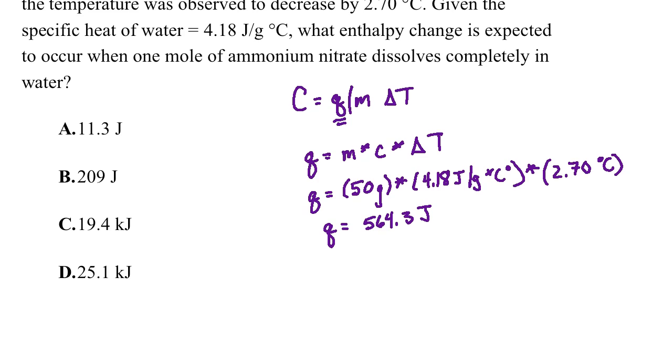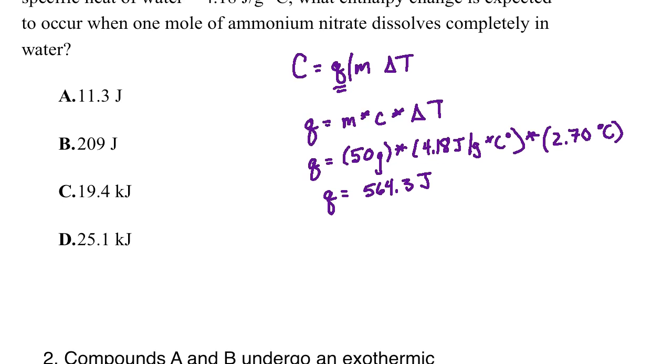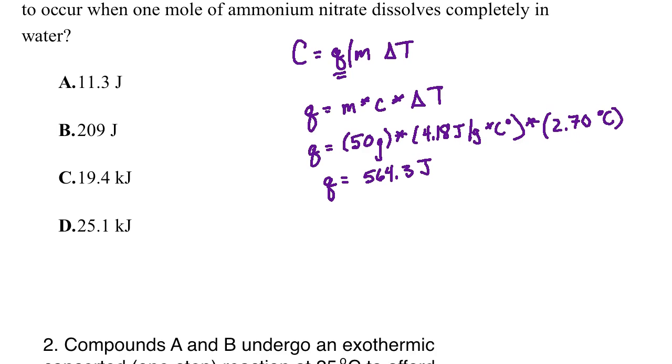Now, this is not the final answer. That should be evident because you don't even see that answer present over on the left. So we're going to need to do something else with this. This right here was for 1.8 grams of the ammonium nitrate, right? So this amount of heat is the amount that was absorbed for 1.8 grams of the ammonium nitrate. Now the question is, what about 1 mole of the ammonium nitrate?